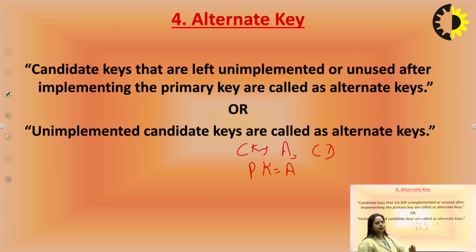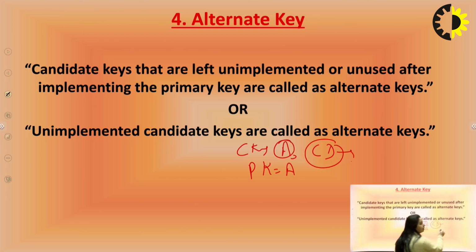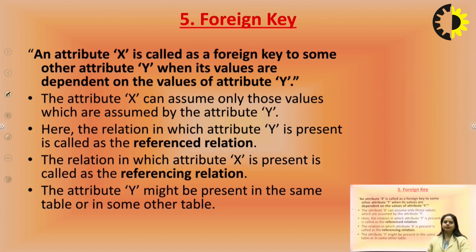So A is selected by the database administrator as the primary key, but CD is left unimplemented, unused. So the candidate keys that are left unimplemented or unused after implementing the primary key are known as alternate keys. So A will be the primary key and CD will work as an alternate key, or unimplemented candidate key.